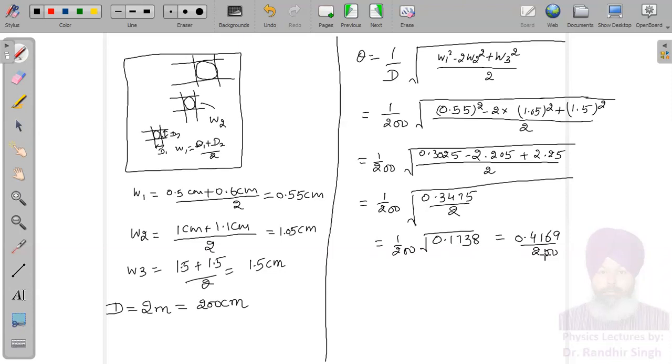And this will become 0.0021 radian, that is equal to 2.1 into 10 raised to power minus 3 radian. So this theta is equal to 2.1 into 10 raised to power minus 3 radian, it is the result obtained.